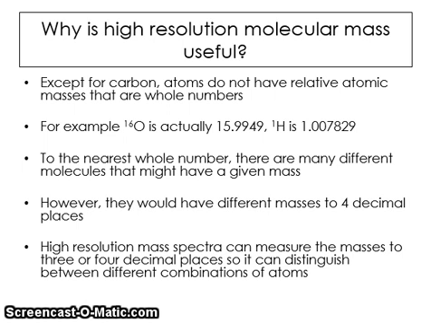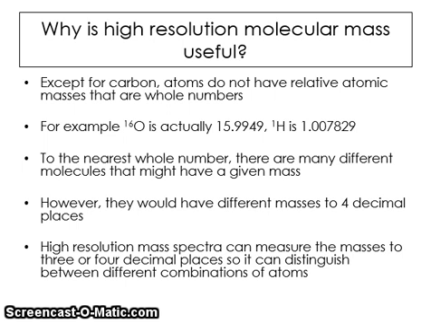So the reason this is important is because to the nearest whole number, there are many different molecules that might have a given mass. However, they would have different masses to 4 decimal places. So if we had a mass spectrum of a molecule and we only had it to the whole number, so a low resolution mass spec, then we wouldn't be able to distinguish between two molecules that have the same molecular mass.